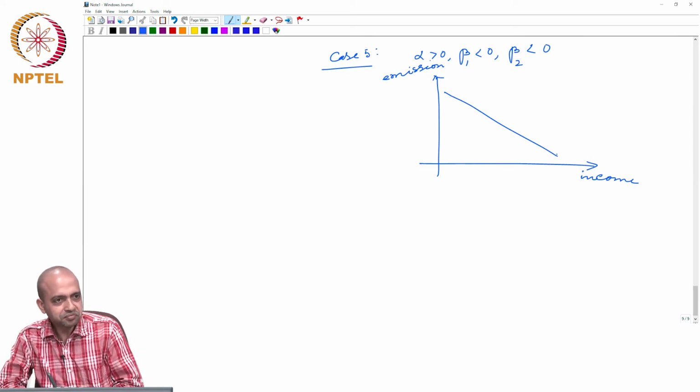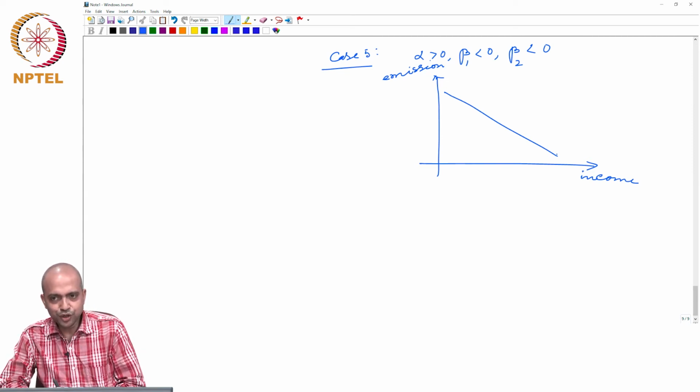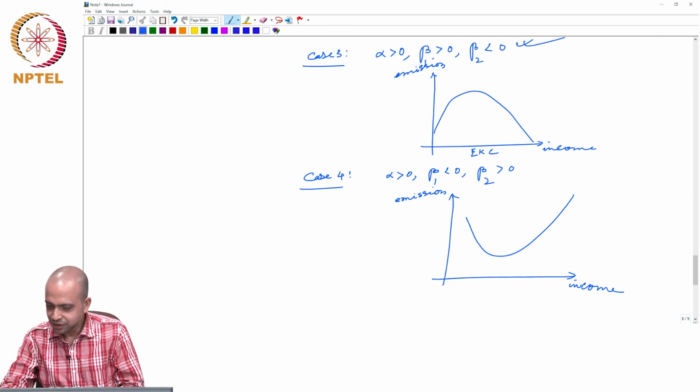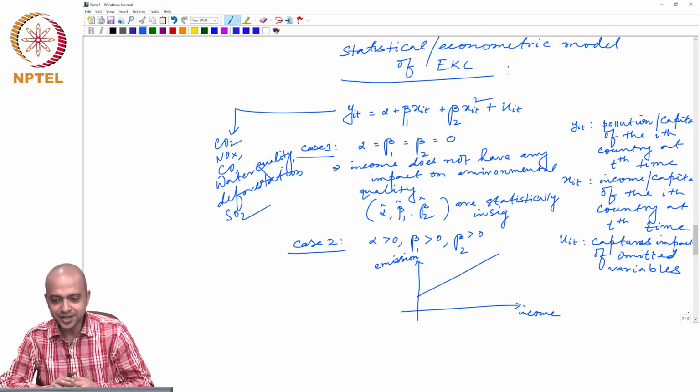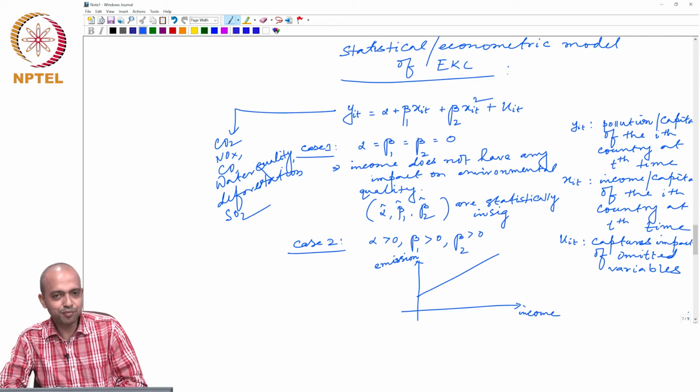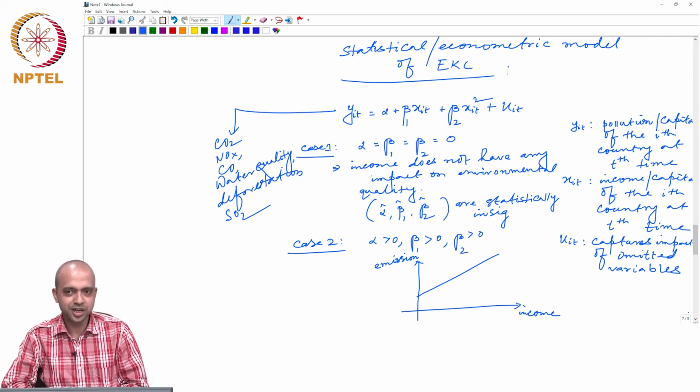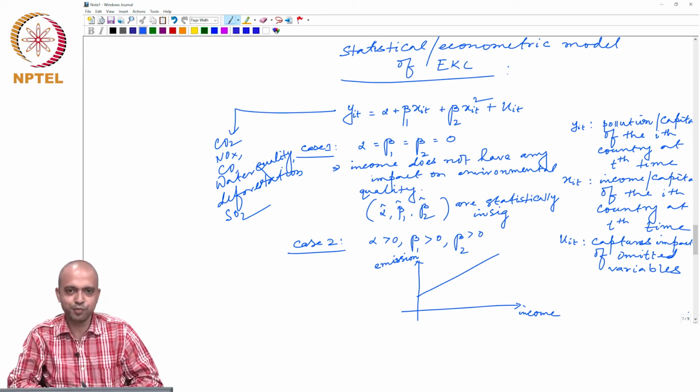So, that means depending on your situation, depending on what type of indicator you are using to measure environmental quality, what type of country you are taking in your sample. By the way, one thing you have to keep in mind is that this is Y_it, that means ith country's income, emission at tth time period, and we can combine all the countries, developing countries, developed countries, less developed countries in the sample, and we can estimate this type of relationship.